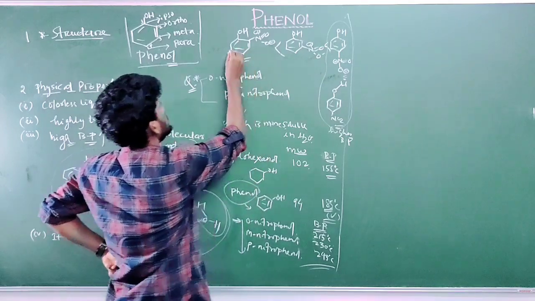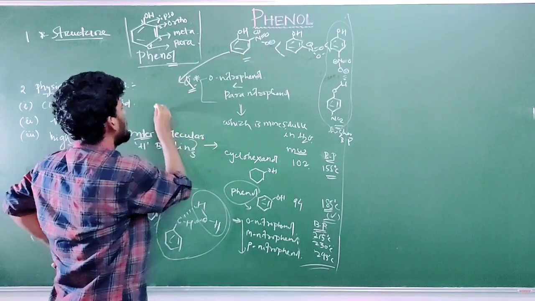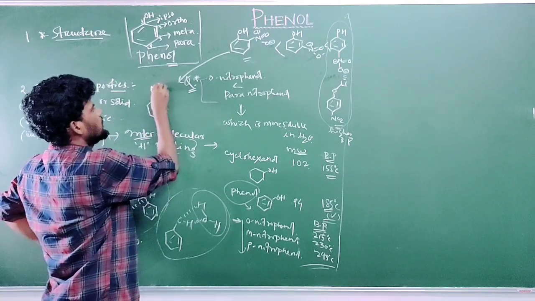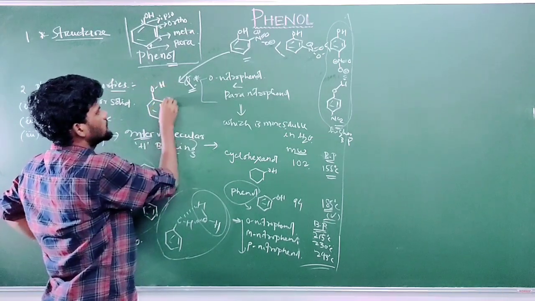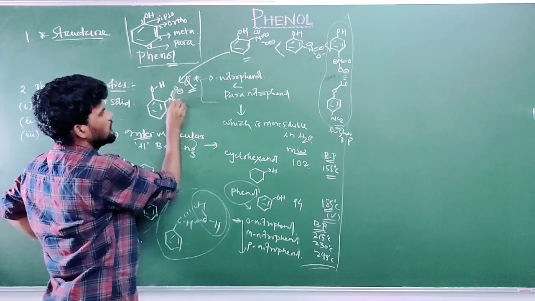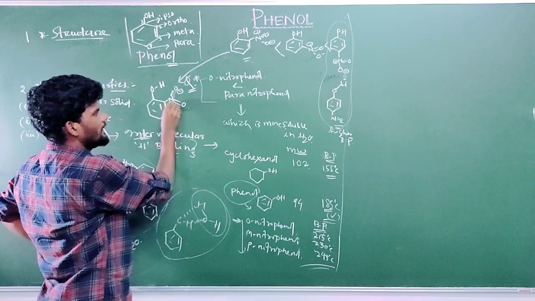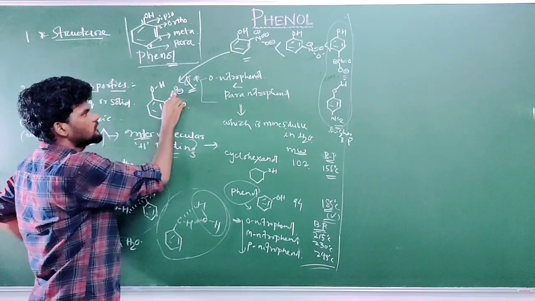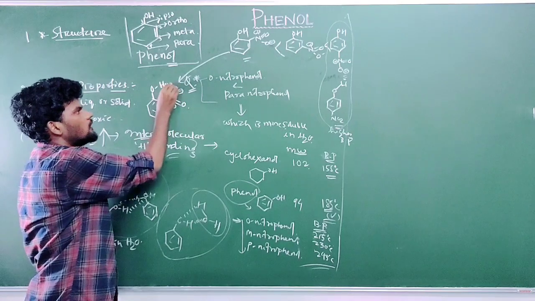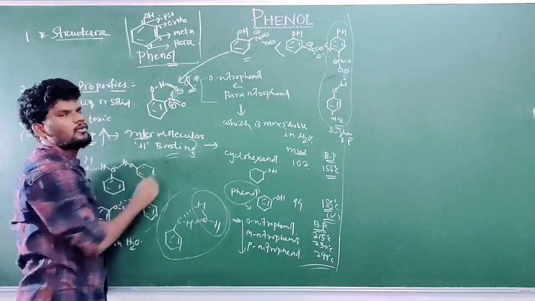if you draw the structure of ortho nitrophenol, you can see the OH and the nitro group: N double bond O, N single bond O minus, and a positive charge over nitrogen, which is tetravalent here. The O minus coordinates to the hydrogen through hydrogen bonding.